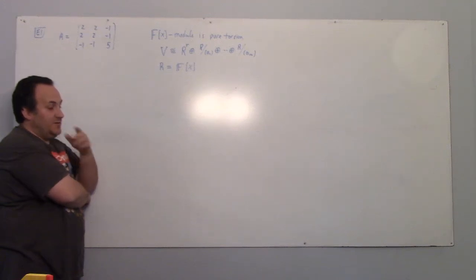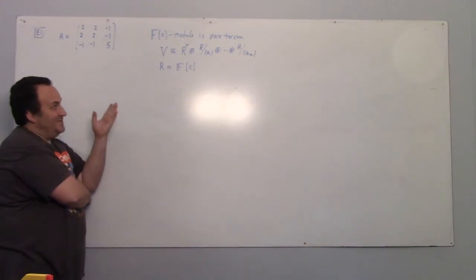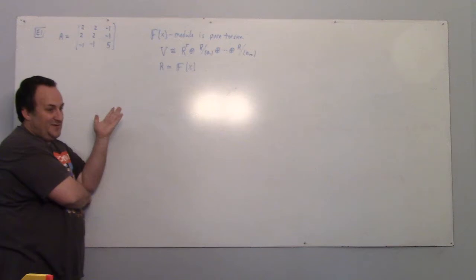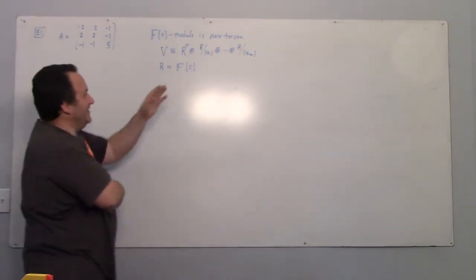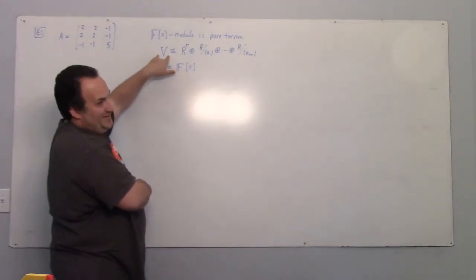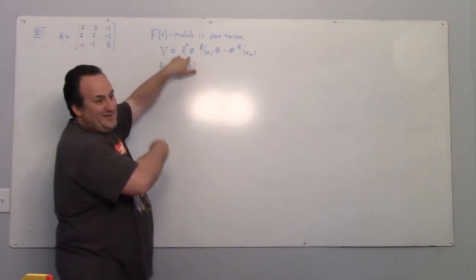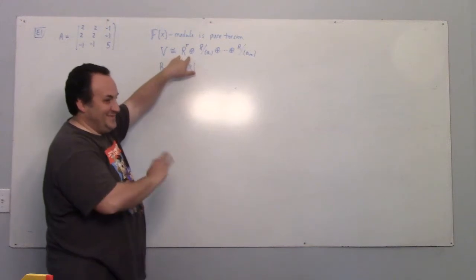Right. It would mean your vector space is isomorphic to some non-trivial product of the polynomials over the field of scalars, but that's infinite dimensional. It's impossible. You cannot have a finite dimensional vector space isomorphic to the Cartesian product of polynomials. That's nonsense.